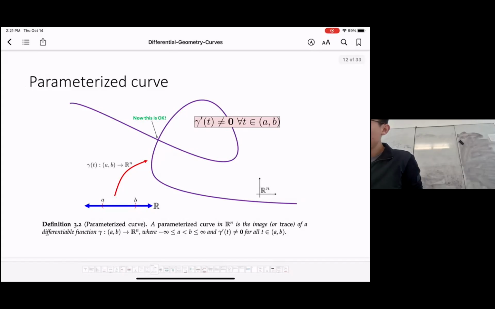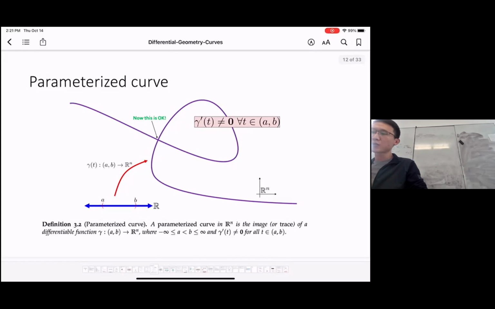So here, definition 3.2 says that a parameterized curve is the image of a differentiable function gamma from (a, b) to Rn. This is much simpler language than the previous page, and it's consistent with what we learned from calculus. I can just use a differentiable function gamma and map a real interval to this Rn space.